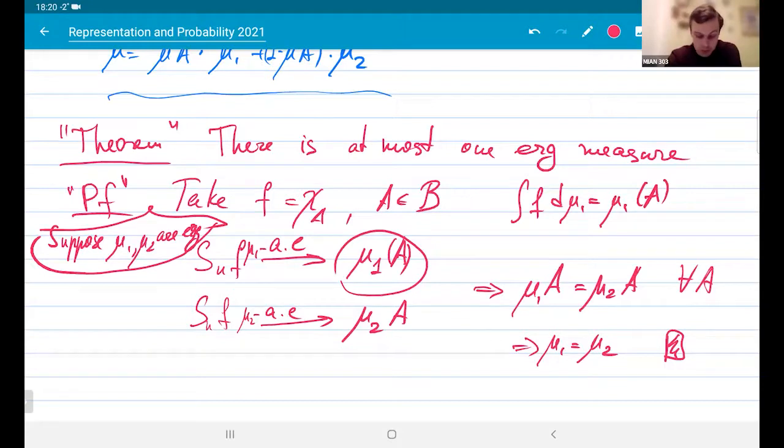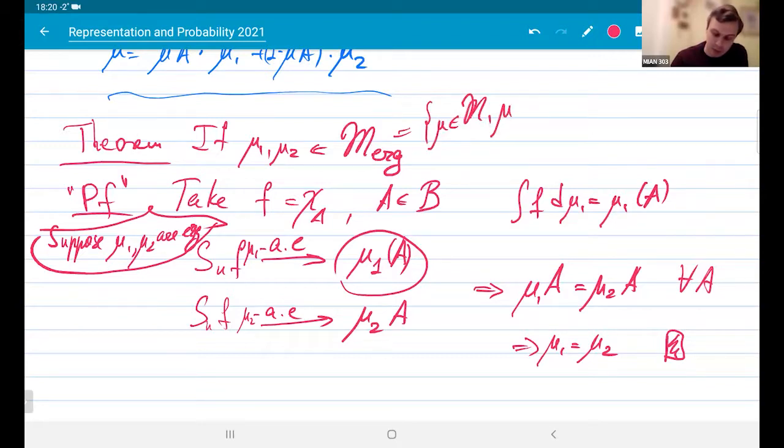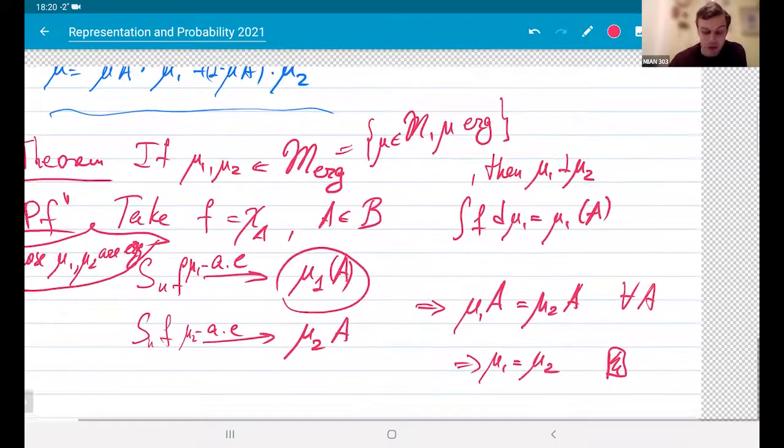In fact, what we have proven is the following, so now let's write a real theorem. If mu1 and mu2 are ergodic, then mu1 and mu2 are mutually singular.